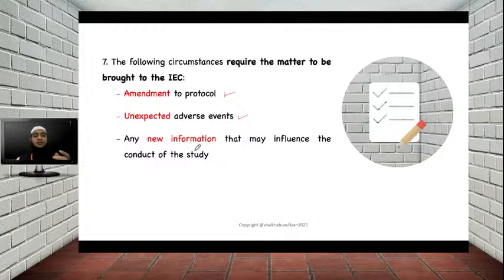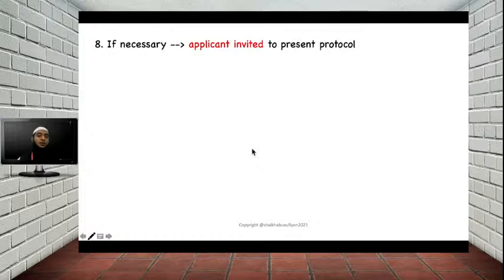So if you receive any such new information while conducting the trial, and you feel that it may influence the conduct of the study, then such information can also be brought to the notice of the ISC committee.